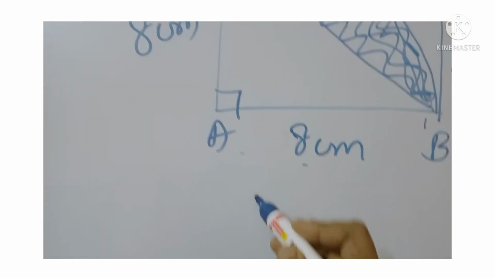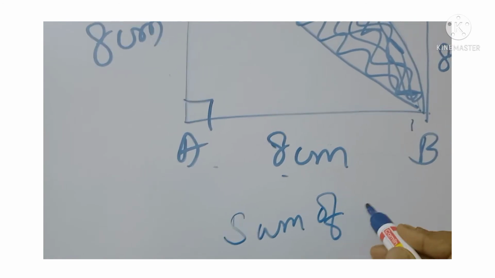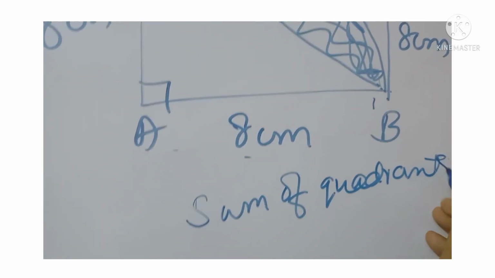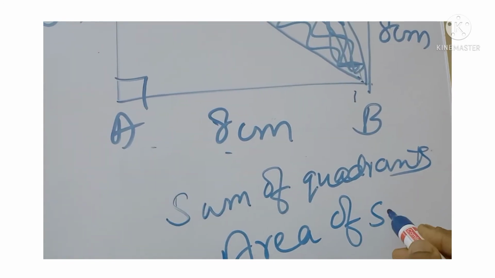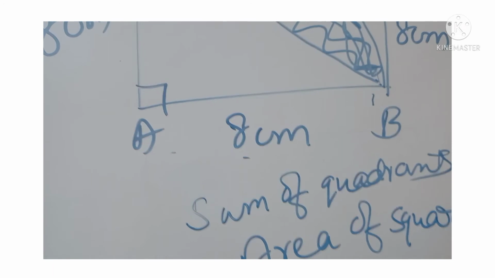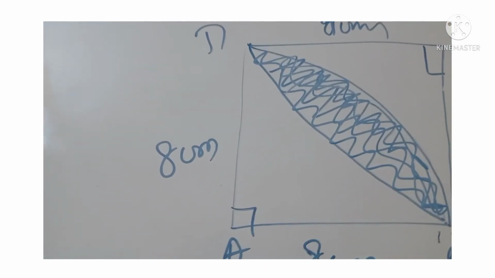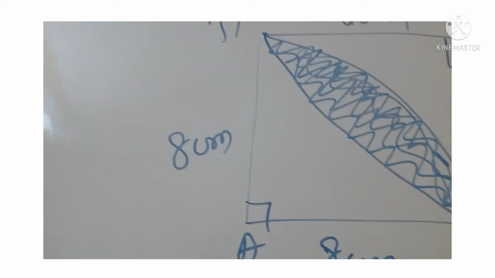For that we want to find the sum of the areas of the two quadrants and the area of the square. Here we can find the area of the shaded region. Let us do that.